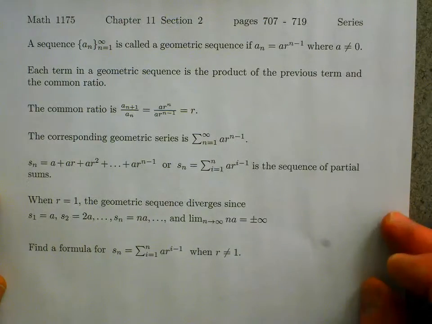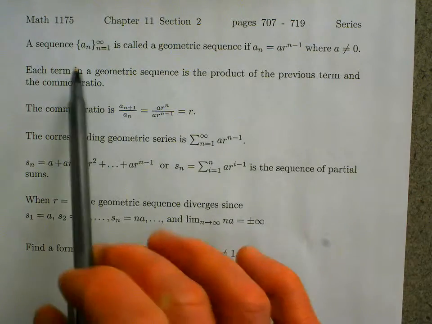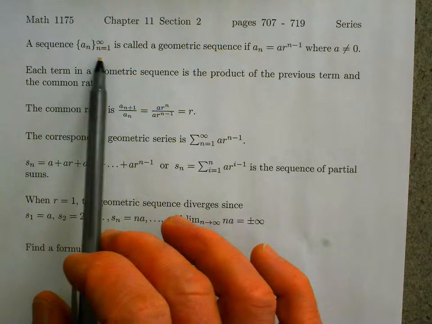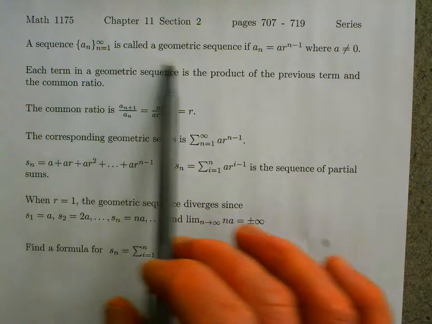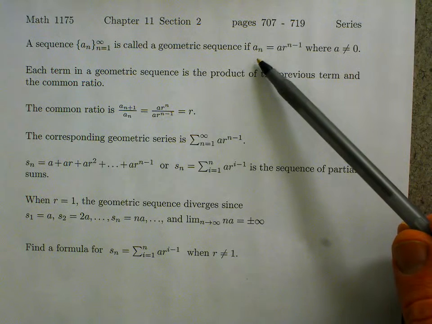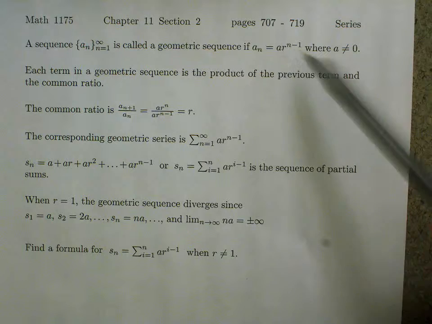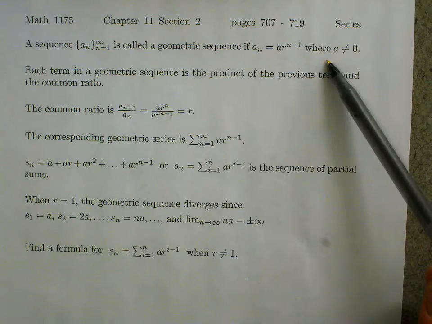In this first one, a sequence, a sub n, as n ranges from 1 to infinity, is called a geometric sequence if a sub n is equal to a times r to the n minus 1, where a is not equal to 0.